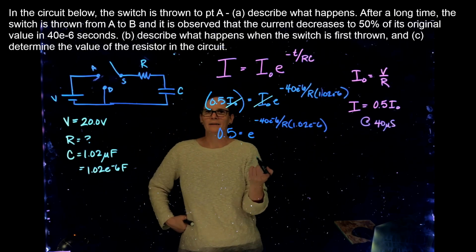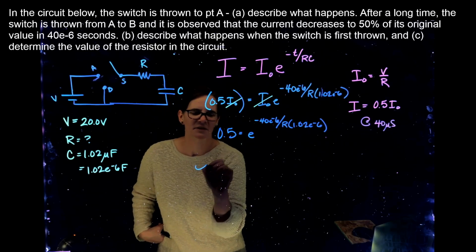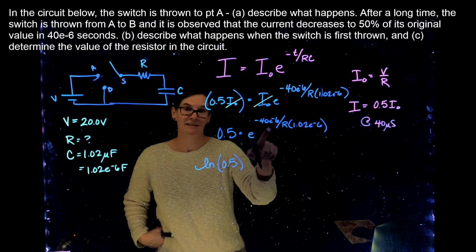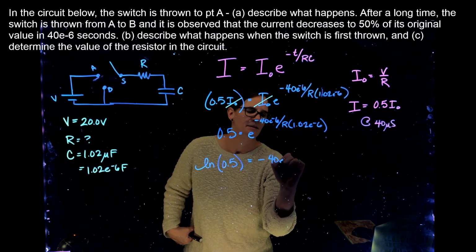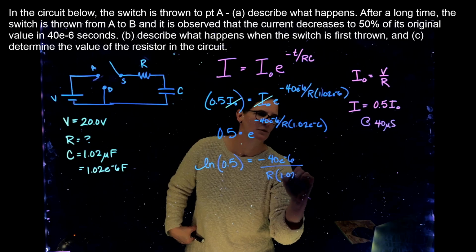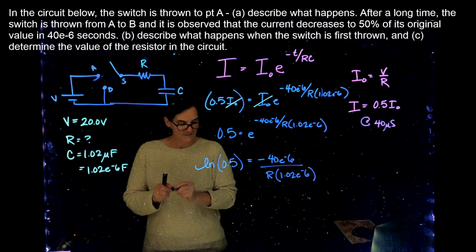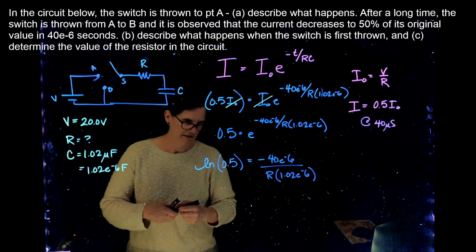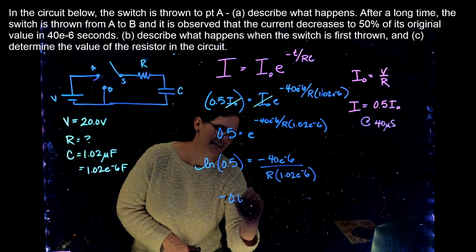How do I get rid of that e? Whew! Bring back that math. We take the natural log. So the natural log of 0.5 equals the natural log of e, which is the value in its exponent, minus 40 times 10 to the minus 6 divided by R times 1.02 times 10 to the minus 6. The natural log of 0.5 is negative 0.693.